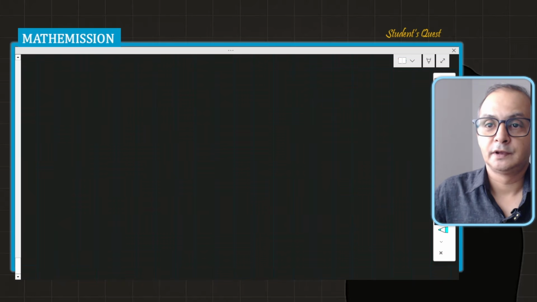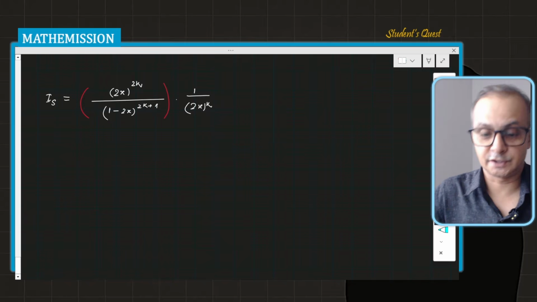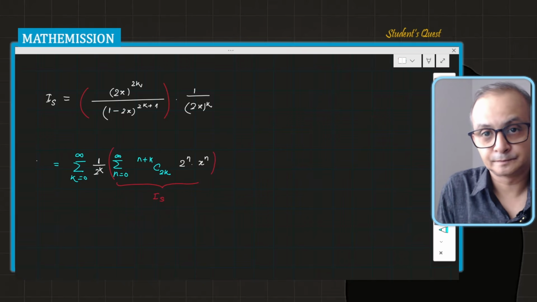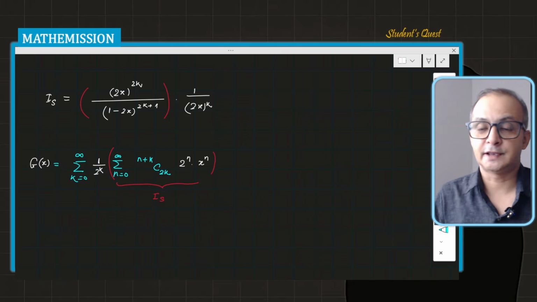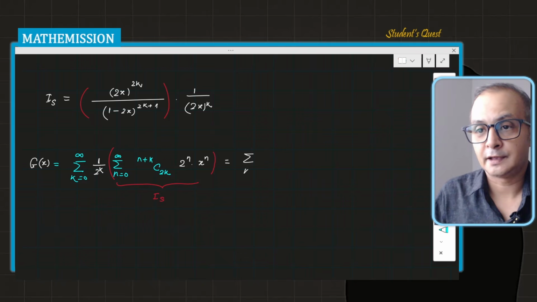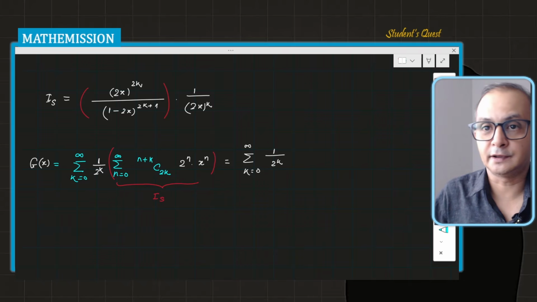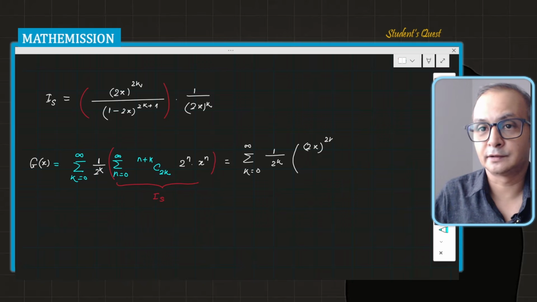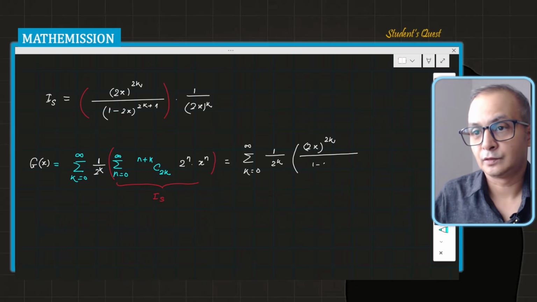If you are patient enough to persist with me, that is a good sign that you love mathematics. So this is gx I have, and I'm going to substitute this there. So I get summation k goes from 0 to infinity, 1 by 2 to the power k, and this guy I'm writing as (2x)^(2k) divided by (1 minus 2x)^(2k plus 1), into (1 by 2x)^k.